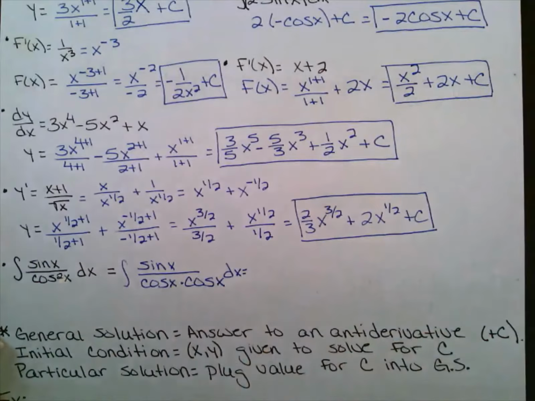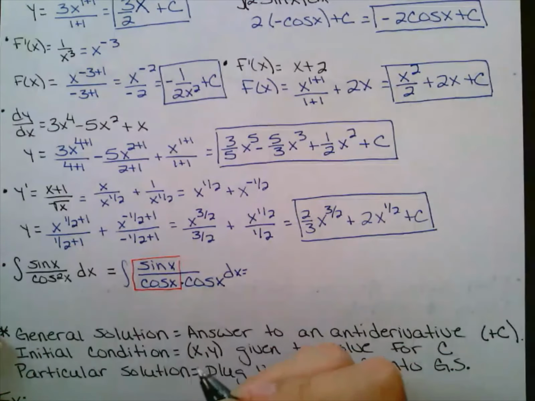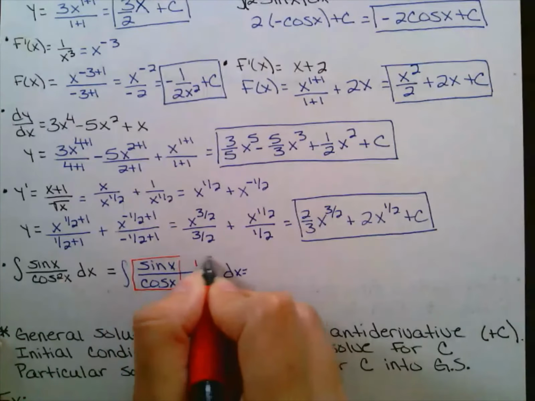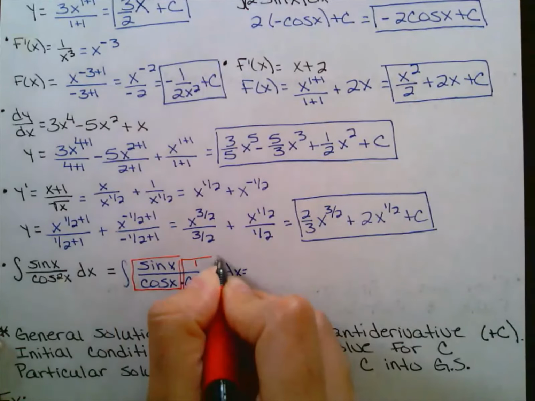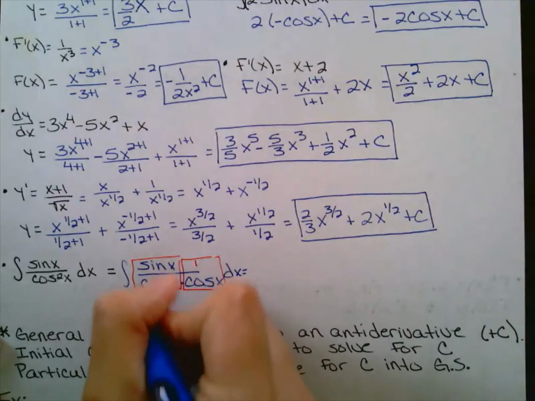Okay? I know that sine over cosine is the same as saying tangent. Okay? And then if I have left over a cosine in the denominator, 1 over cosine is the same as saying secant. And I do have a rule for tangent and secant, right?